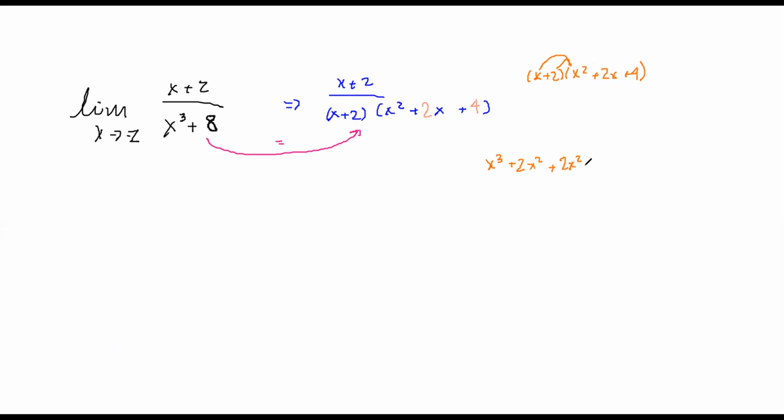So that's 2x squared plus 4x plus 4 minus... this is a minus. This is a minus. So this is a minus, and this is minus. So it's plus 4x plus 8. So those cancel, and these cancel. And we have x cubed plus 8.